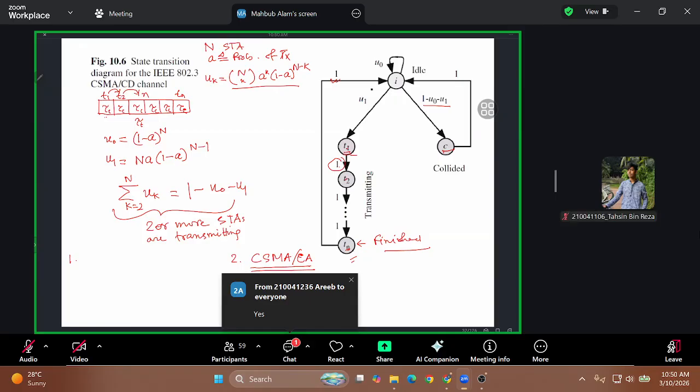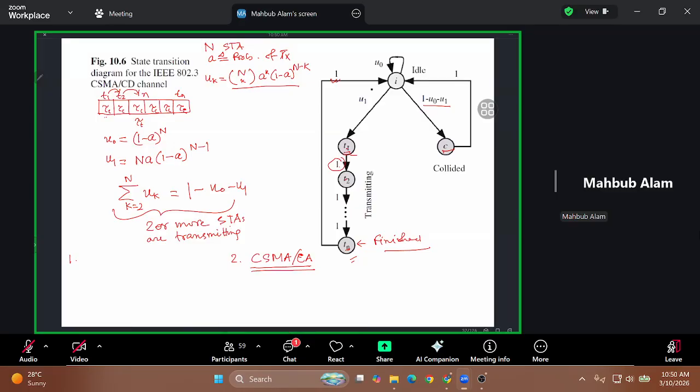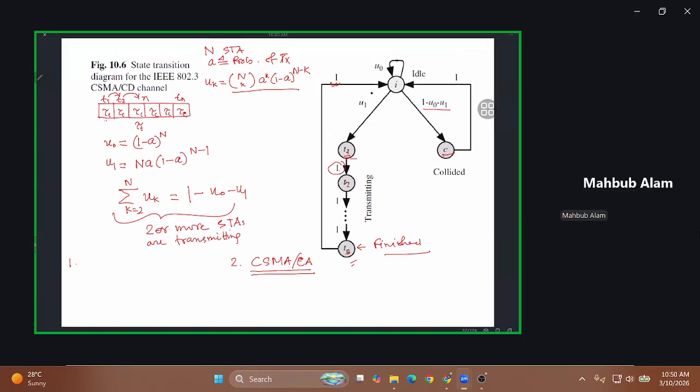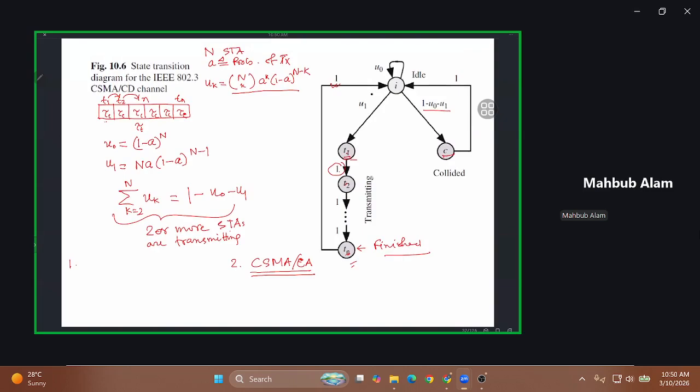Yes, sir. Is the question clear? Yes, sir. The question is, instead of CSMA/CD, if the protocol would be CSMA/CA, whether we will have the same state transition diagram or we need a separate one, or some modification, and what those modifications should be.